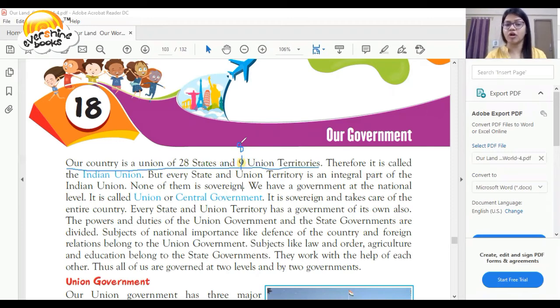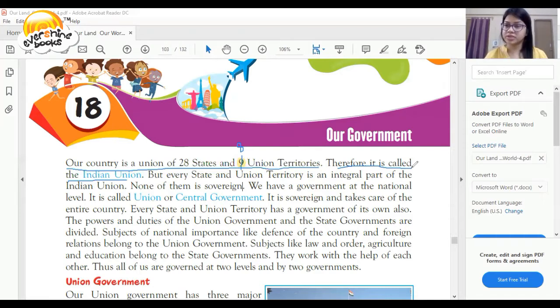Therefore, it is called the Indian Union. Again, this is a very important question. Why is our country called the Indian Union? Because our country is a union of 28 states and 8 union territories. Therefore, it is called the Indian Union.